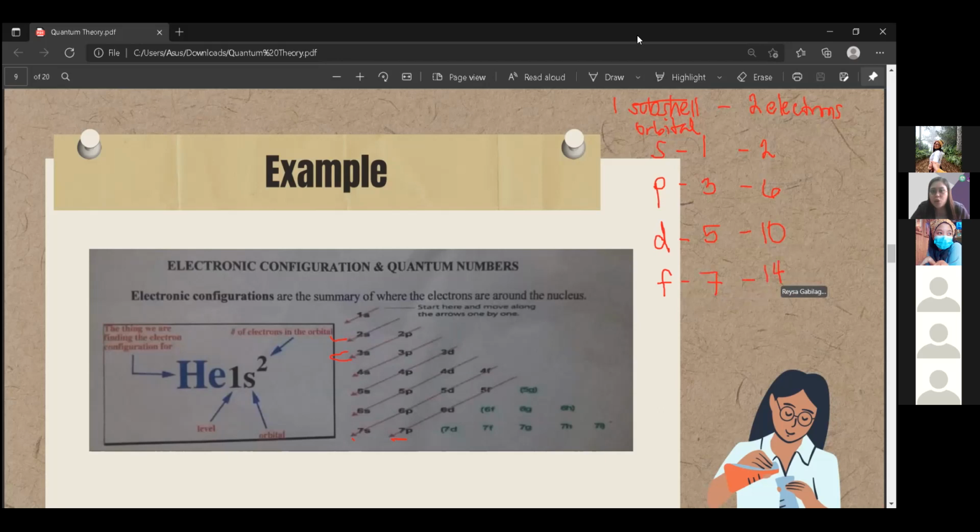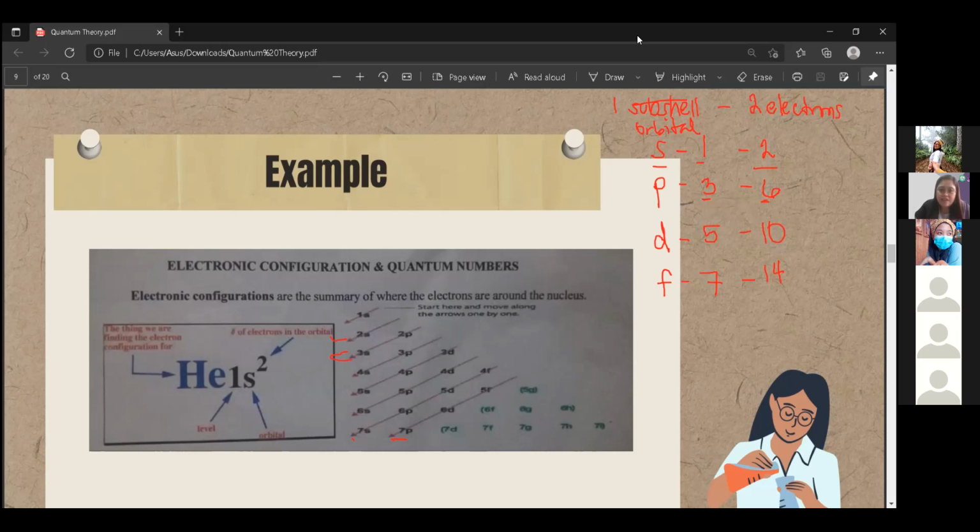So kung tatanungin kayo ilang orbital ang nasa S subshell, isa lang. Pero kung ang tanong is how many electrons can be accommodated in one orbital for the S subshell, it's only 2. Ito 6, bakit? Kasi tatlo ang orbital niya, tig-dalawa kada orbital.